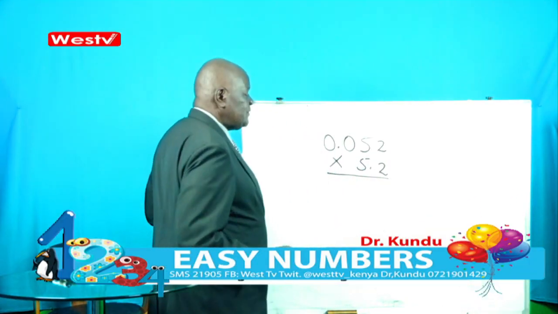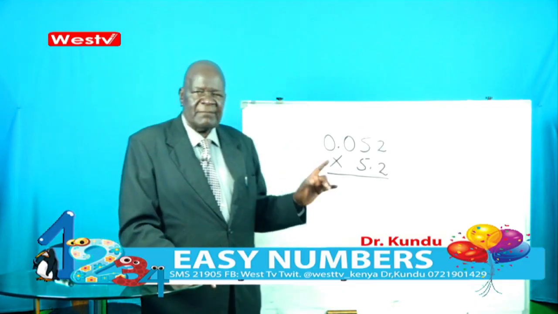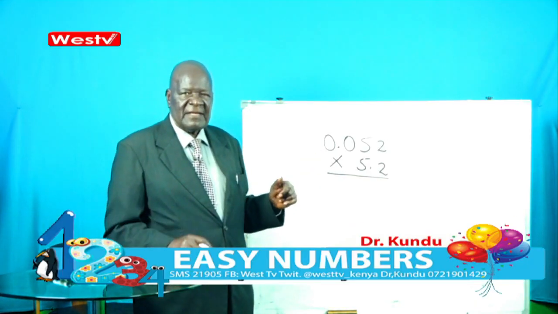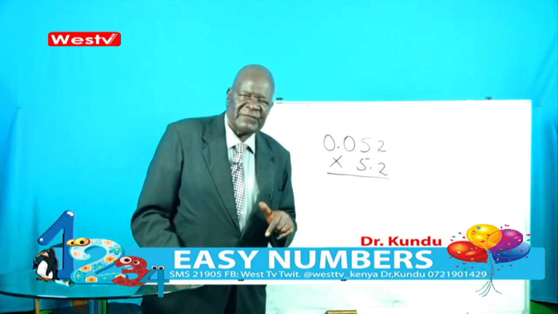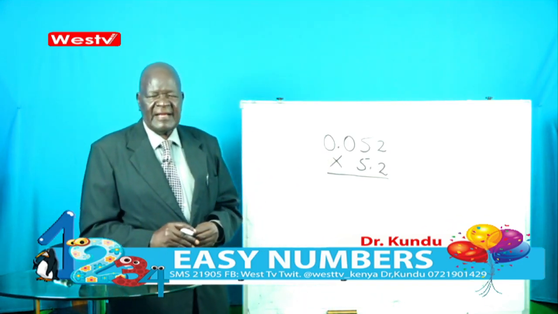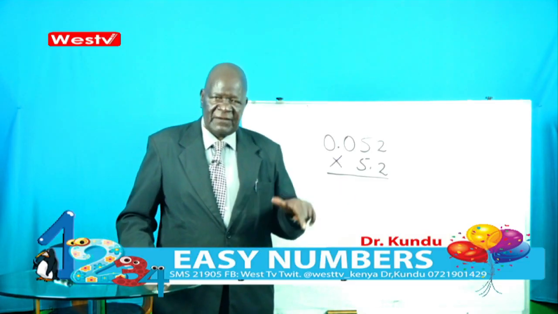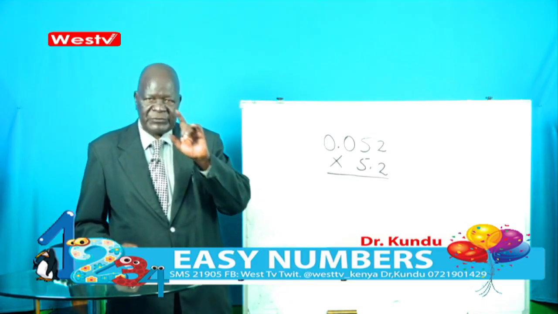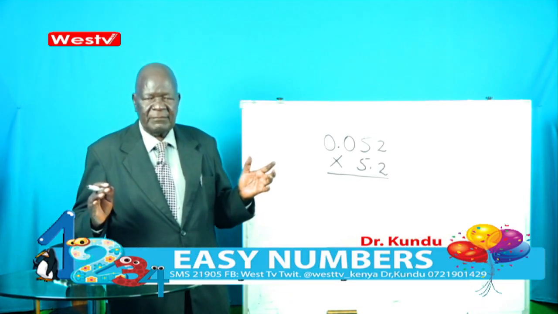Let us first of all look at the composition of these numbers. Ignore the decimals for the time being. Let us look at the plain number 52 and 52. These are numbers whose left adds to 10. 5 and 5 would make 10. And these are numbers whose right is same.